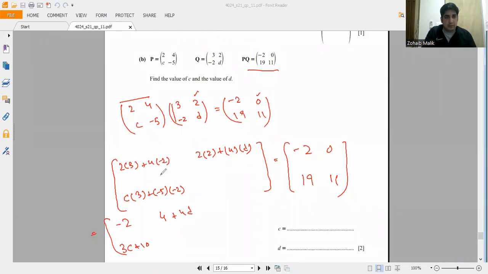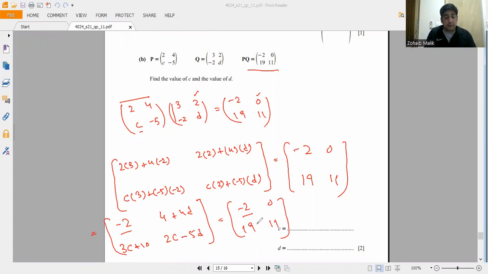So this would be C into 2 plus -5 into D. So now this would be 2C minus 5D, and that would be equal to -2, 0, 19, and 11.